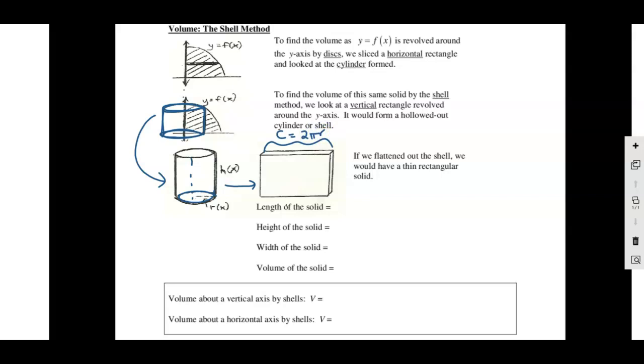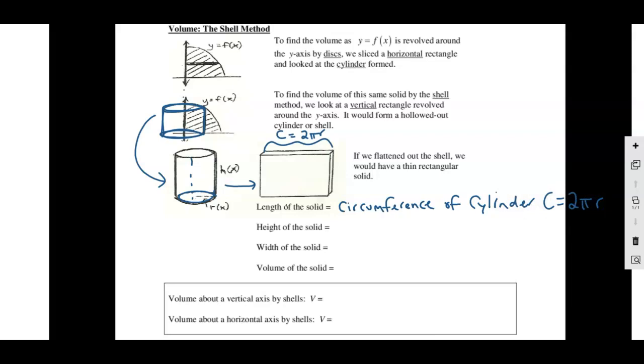So the length of this solid is the circumference of the cylinder. There we go. I can spell occasionally. And that one's going to be 2 pi r, right? That's the formula for the circumference.